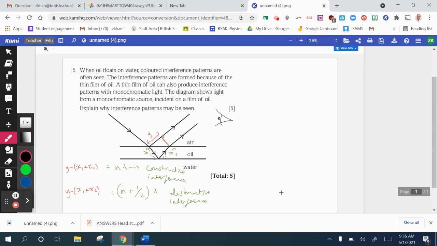So we know that the refracted ray travels this additional distance, this distance, in the time that this ray does this and this reflected ray would have got up to this point here.